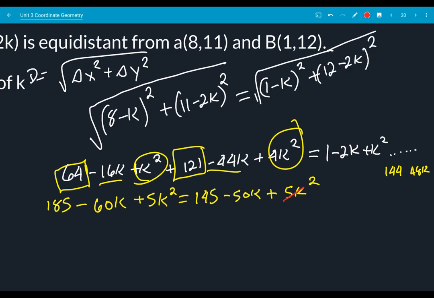Let's do some looking. 5k squared cancels out on both sides. If I add 60k and subtract 145, I get 10k equal to 40. So k is equal to 4.